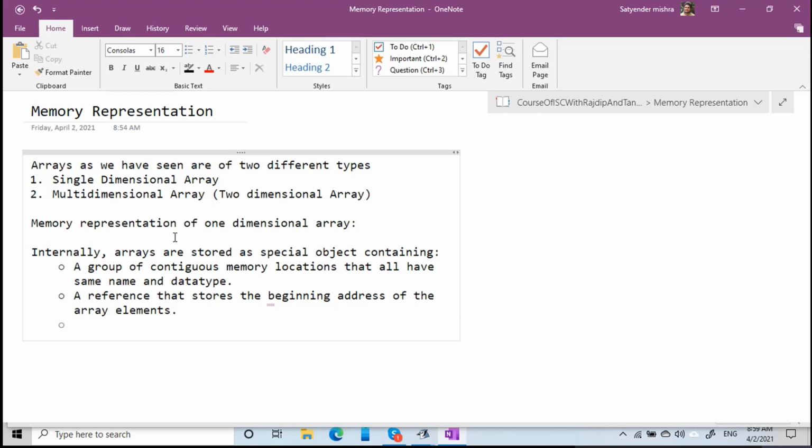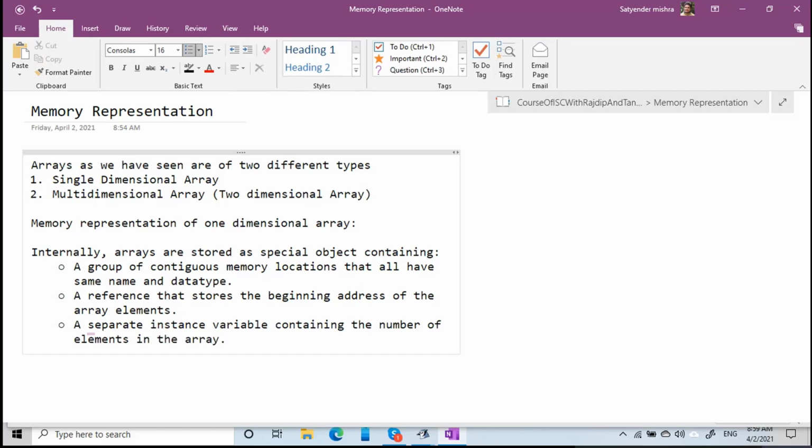And number three is a separate instance variable containing the number of elements in the array. So what is that variable?